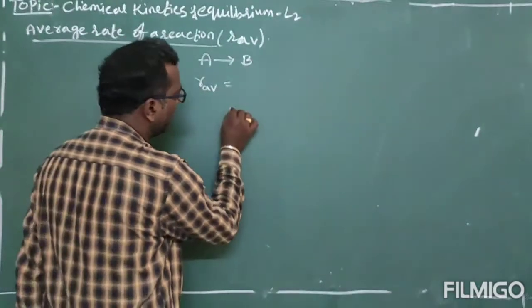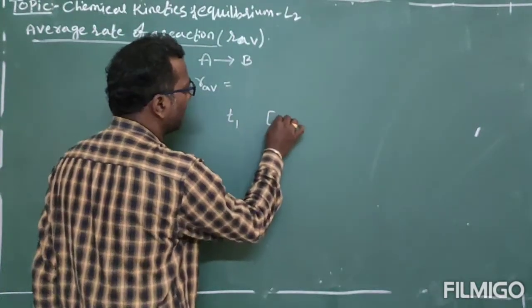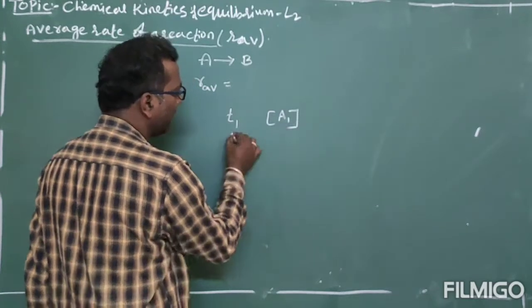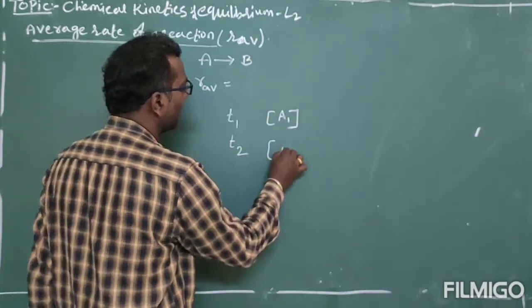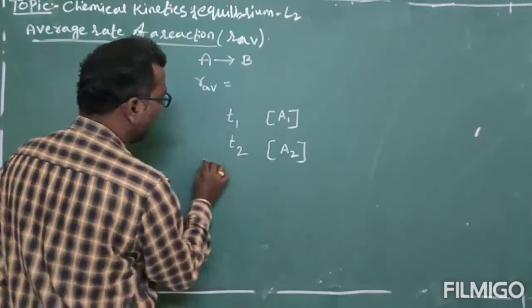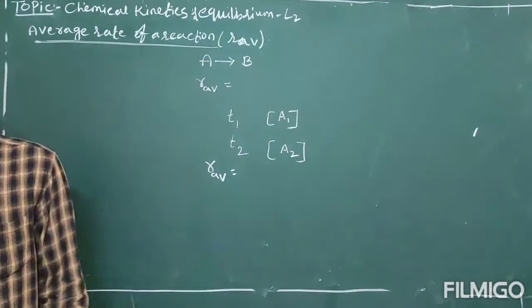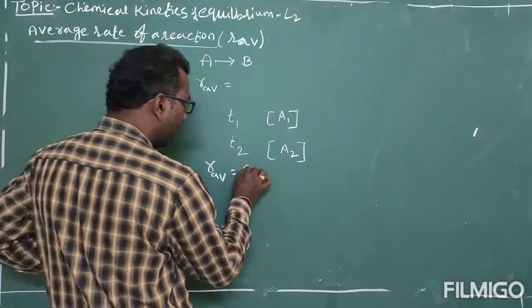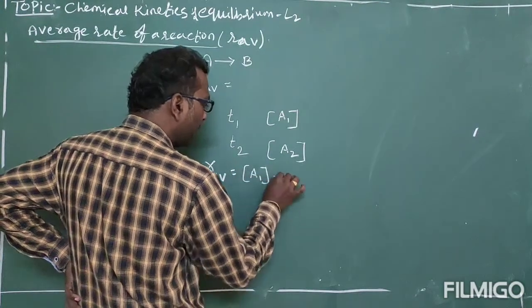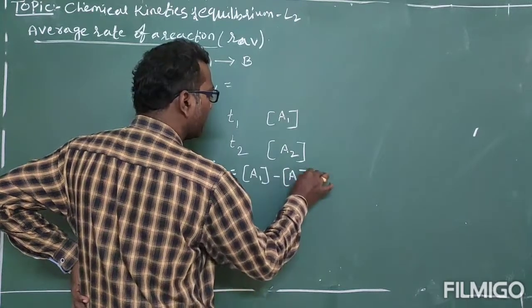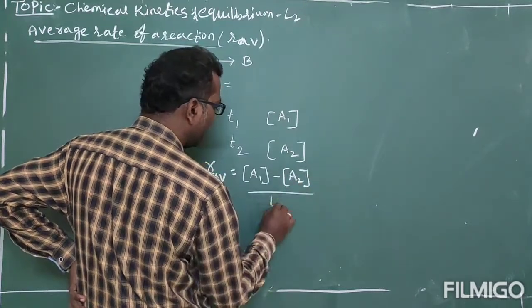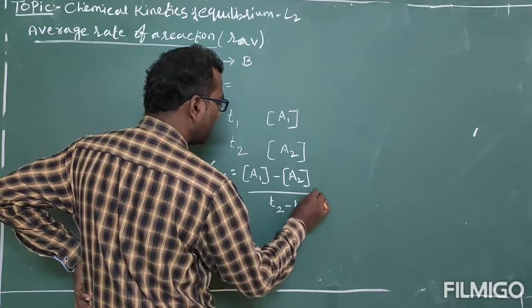Let us take at time T1 the concentration is A1 and at time T2 the concentration is A2. Then R average is equal to the difference between the concentrations: concentration A1 minus concentration A2 by T2 minus T1.